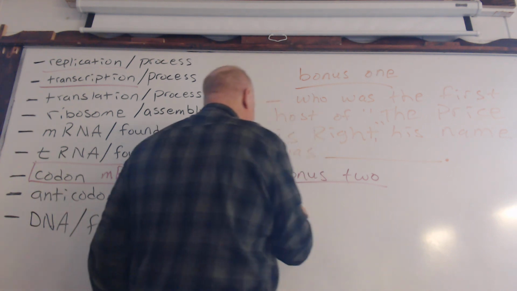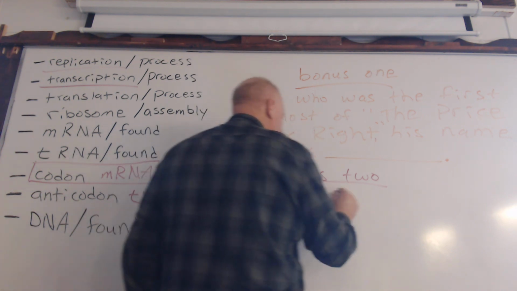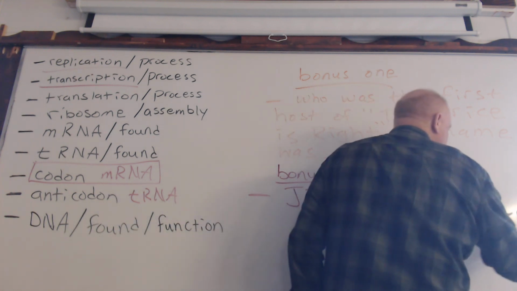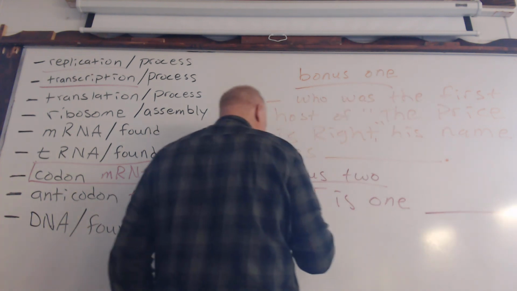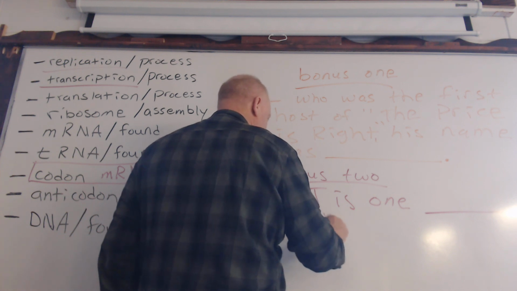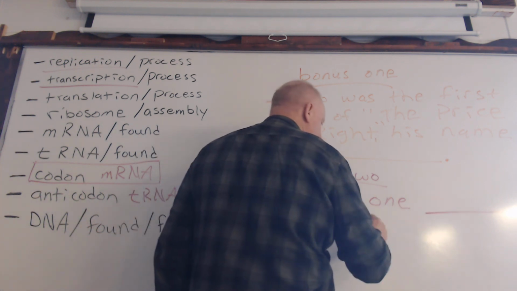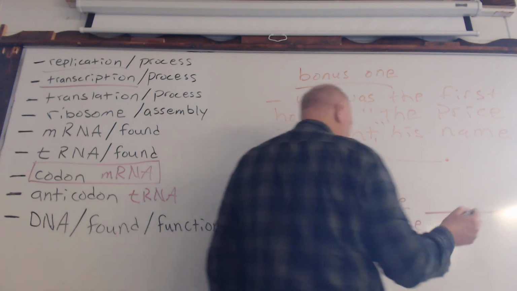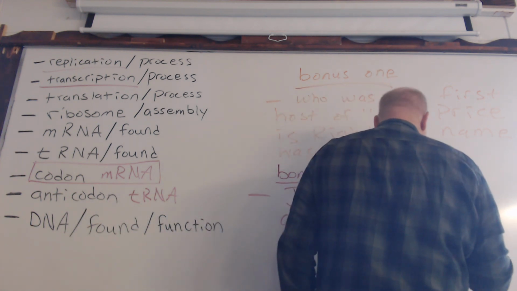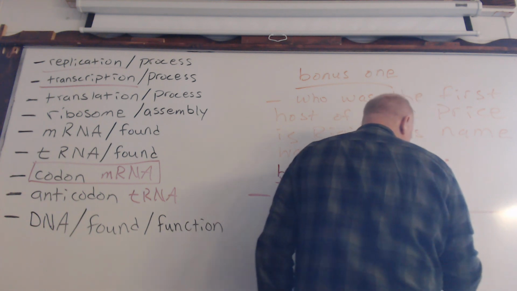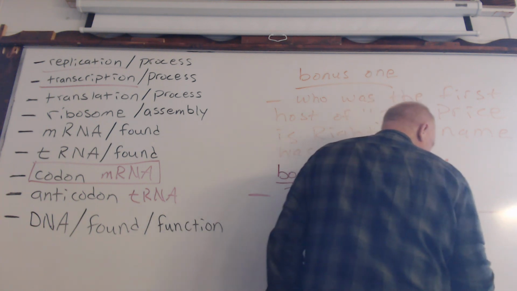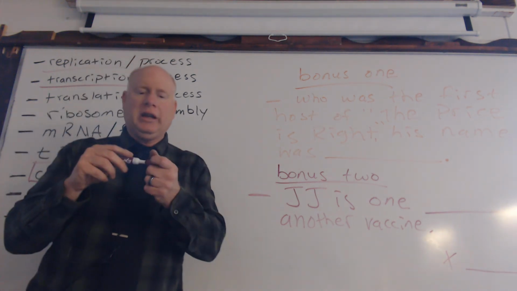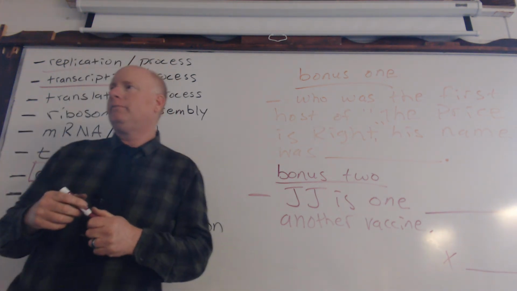So J&J is one, blank is another vaccine. We'll just, yeah. Okay, there are two of them you could give. You don't need to give both of them. You just need one of them.